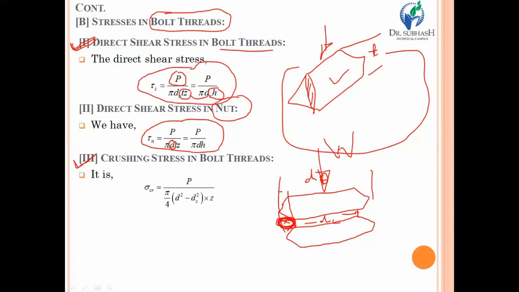Pi by 4 do square indicates this whole circle, and from that you have to subtract pi by 4 dc square, that means this area. So ultimately you have this area, pi by 4 d square minus dc square into z. Z stands for the number of threads in engagement.